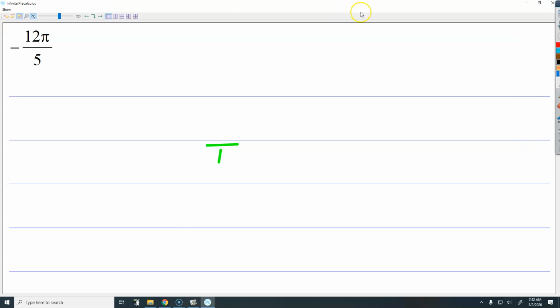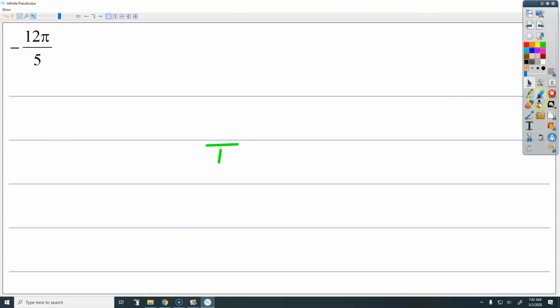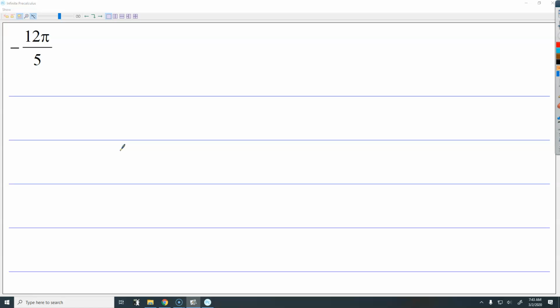Next question, let's do negative 12 pi over 5. All right, so once again, we're going to find a positive coterminal. We're going to add 2 pi to it.